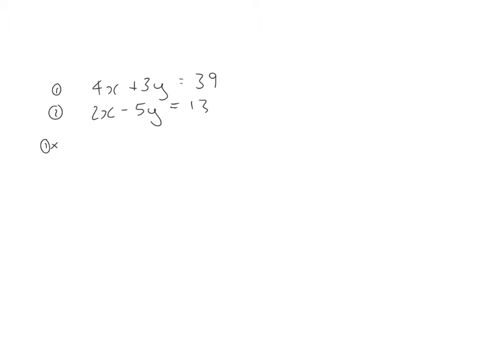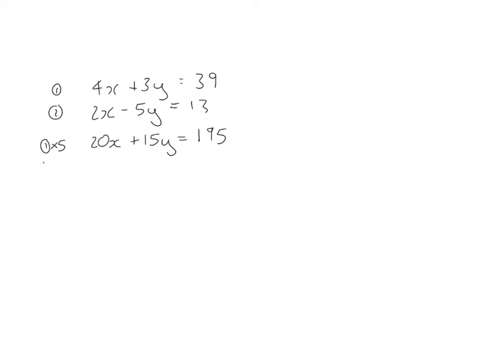So I'm going to multiply equation 1 by 5. Then I get 20x plus 15y equals 39 multiplied by 5, which is 195.